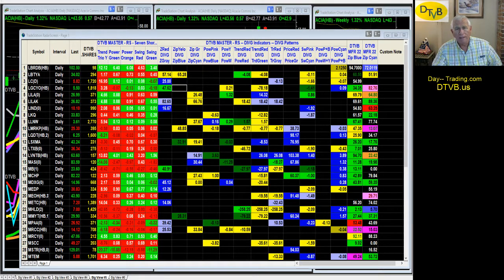And not only that, the radar screen is live. Whatever's happening now, that's what the radar screen is telling you about. And you may have watched other radar screen videos, because I've created 8 different master radar screen indicators within the system.